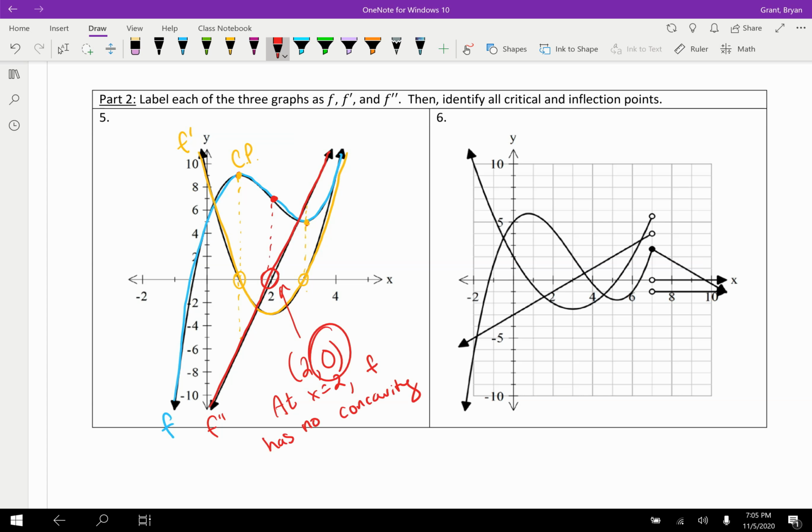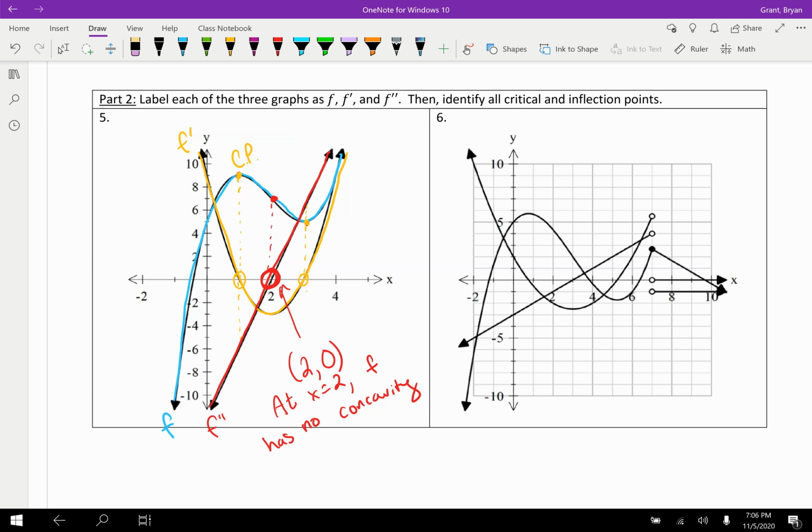Right? So interpreting the y value on f double prime is equivalent to interpreting f double prime. So as soon as you see this x-intercept, you go, oh, that's where the original graph turns into a line. That's where the original graph has no concavity. Or in certain cases, that's where the original graph switches concavities, which means that actually this point is an inflection point.